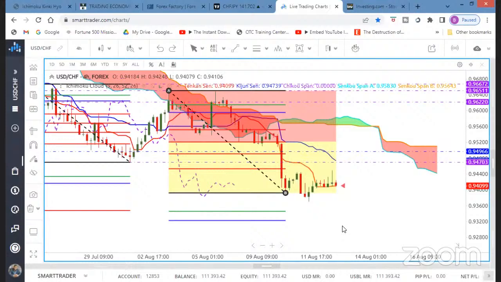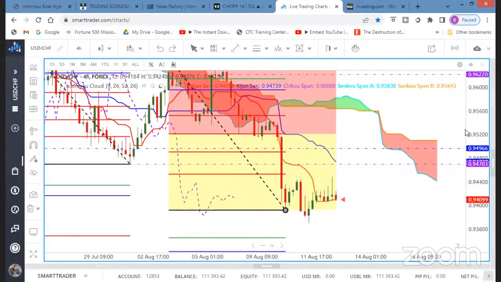So as of right now, I'm just thinking through this. It's broken. What would have normally been that trend line is the, what is it? The Tenkan. So in this case, what would you do? Would you wait for it to then break the Kijun?